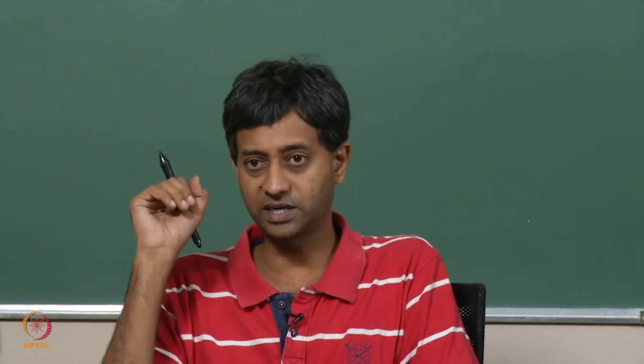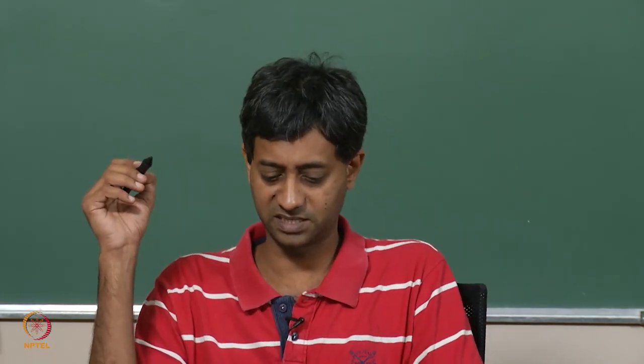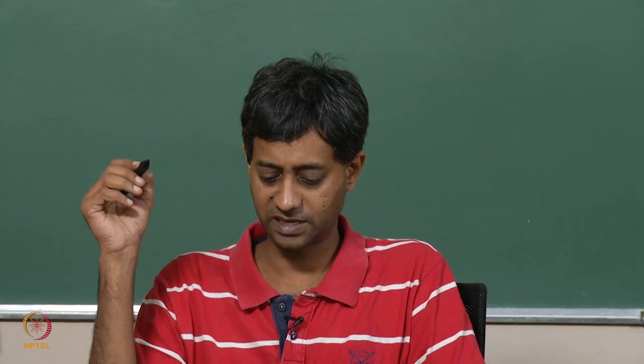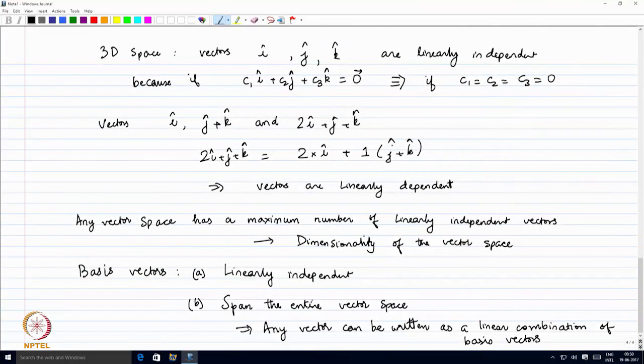So, if these two conditions are satisfied, then the vectors are said to form a basis and these are called basis vectors. Okay. And now you will see that the dimensionality is equal to the number of basis vectors. So, the number of basis vectors is equal to the dimensionality of the space.